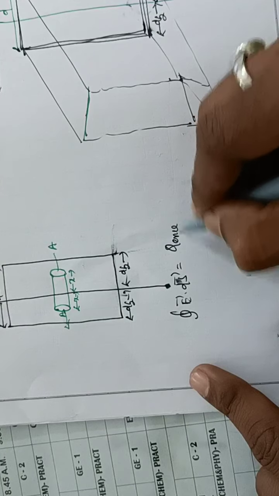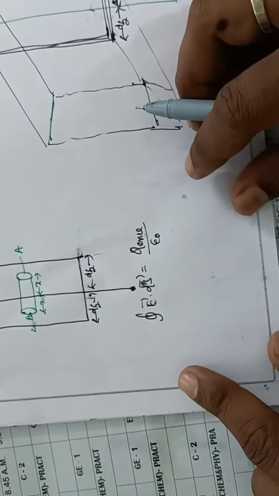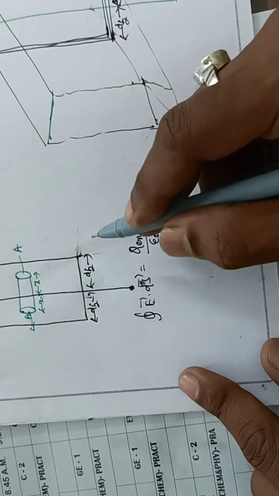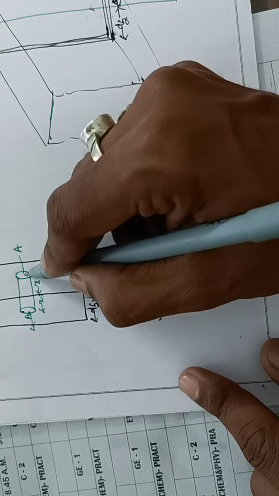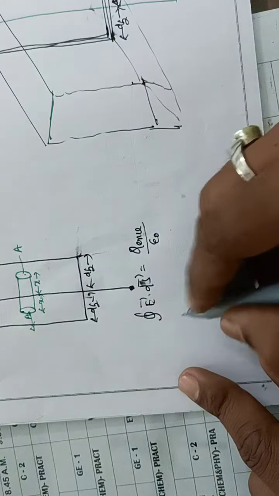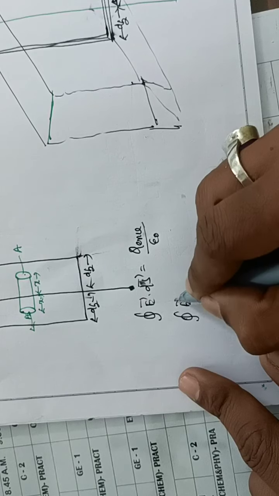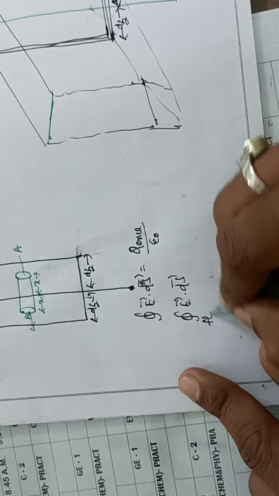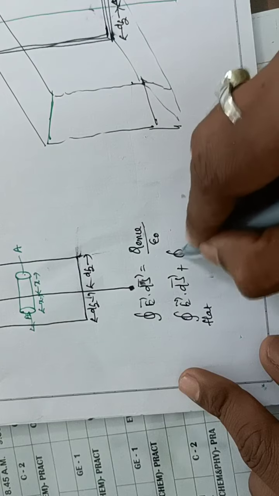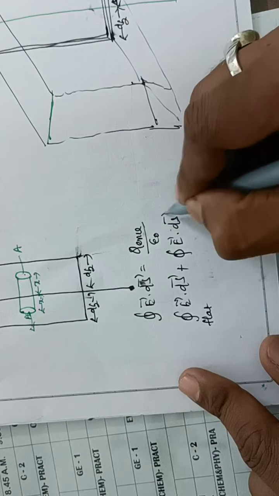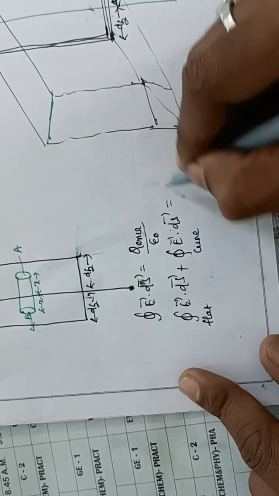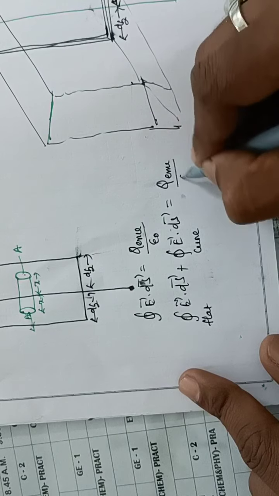Q enclosed upon epsilon naught. This is my Gauss law. E ds, how many surfaces? Flat and curved. This is E ds due to flat, plus E ds due to curved, is nothing but Q enclosed upon epsilon naught.